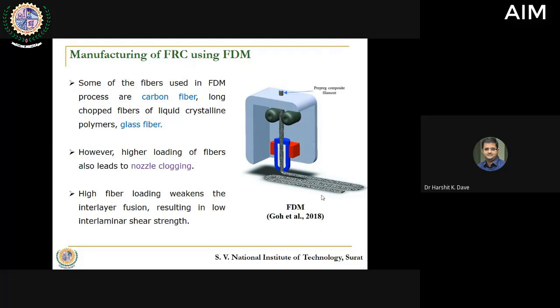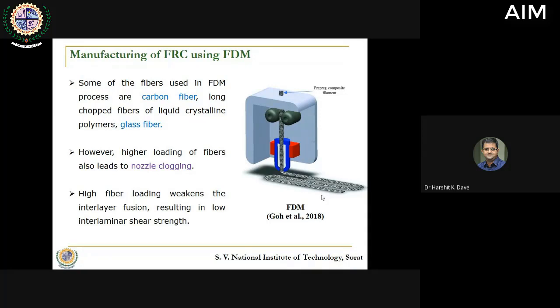Because the polymer that we might use, be it nylon or PLA or ABS, works at a temperature of around 180 to 210 degrees Celsius, and these fibers have a very high melting point. So usually they remain intact, and they create some sort of disturbance while the extrusion is carried out through the nozzle.